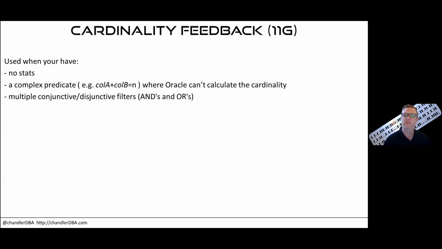So, cardinality feedback, which came around in Oracle 11. Oracle uses cardinality feedback when you have no stats, after it's done some dynamic stats gathering. It will do cardinality feedback where you've got complex predicates and where Oracle can't calculate the cardinality very easily, and where you've got ors and ands.